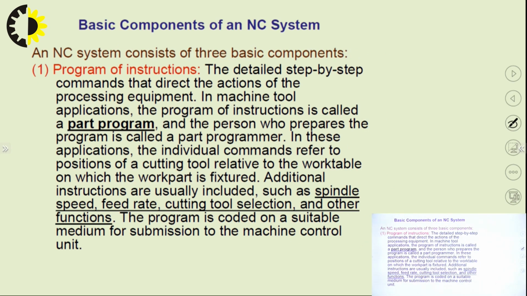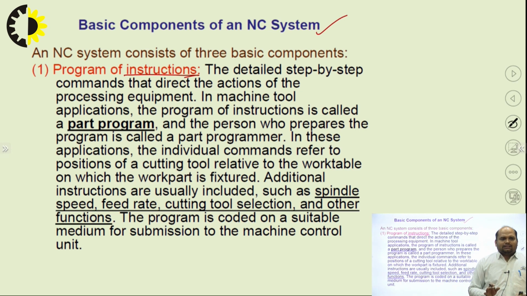So here, talking about the basic components of a numerical control system, the first one is the program of instructions. The program is a step by step command that directs the action of the processing equipment. In machine tool applications, the program of instructions is called a part program, and the person who prepares the program is called a programmer.